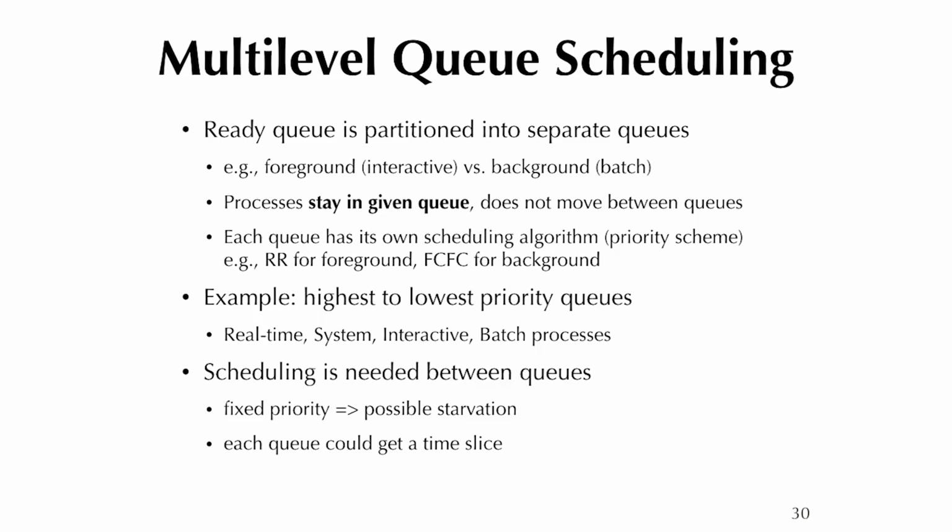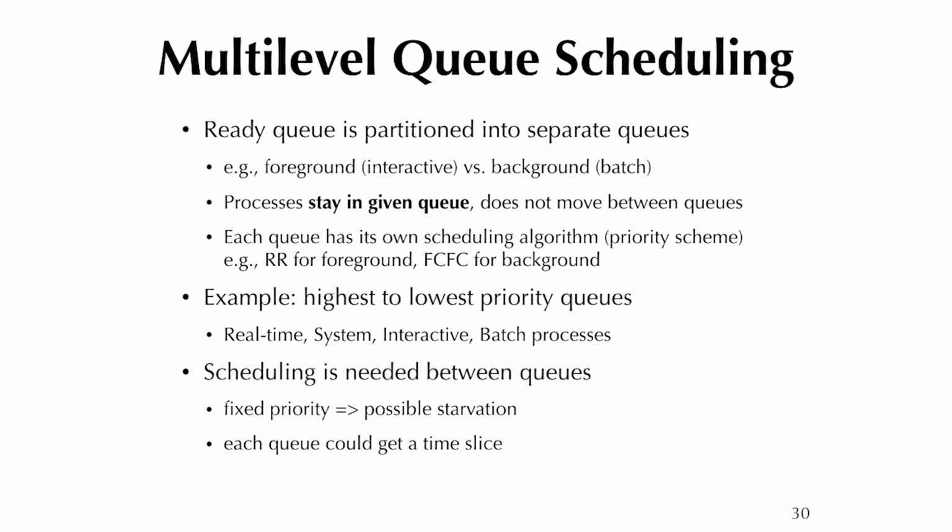These processes stay in the given queue instead of moving between queues. And each queue would have its own scheduling algorithm, most likely priority based. It could be round robin for one, first come, first served for another. So this is an example where you're trying to match the characteristics of these processes with the appropriate scheduling algorithm so that overall everybody wins, right?